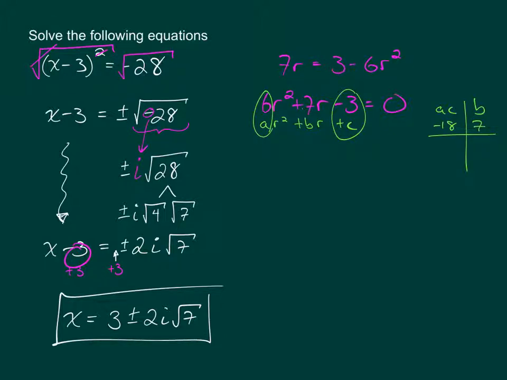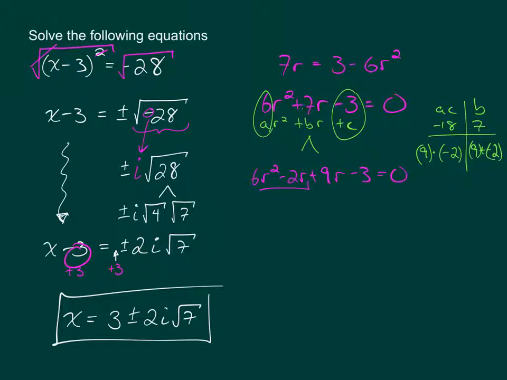And so that leads me to the two numbers, 9 times negative 2 and 9 plus a negative 2. So 9 and negative 2 are how I'm going to split b here. So this will give me 6r squared minus 2r plus 9r minus 3 equals 0.